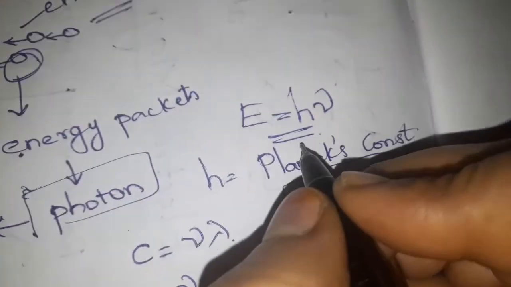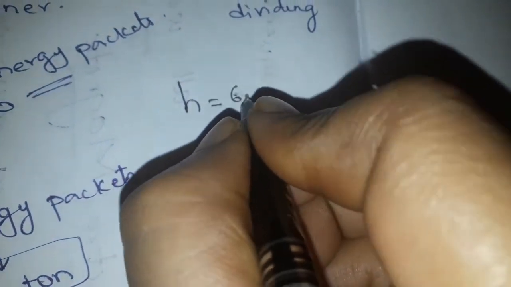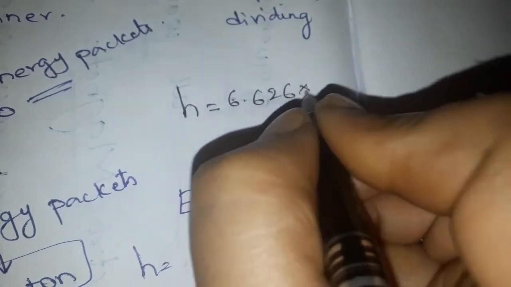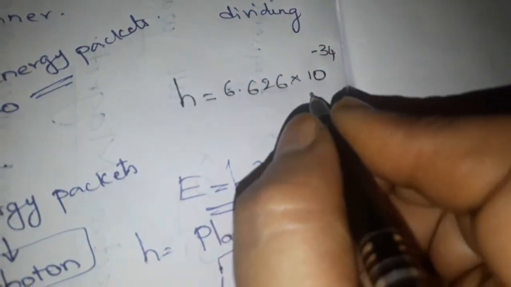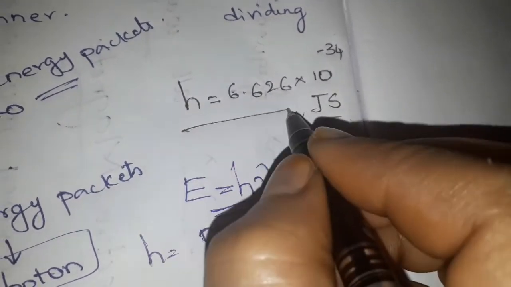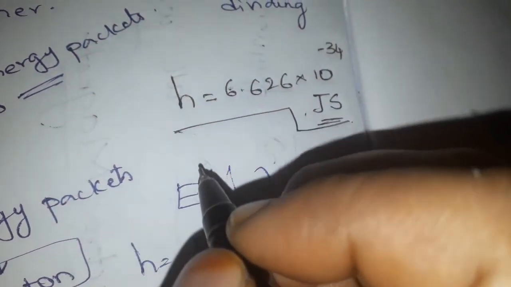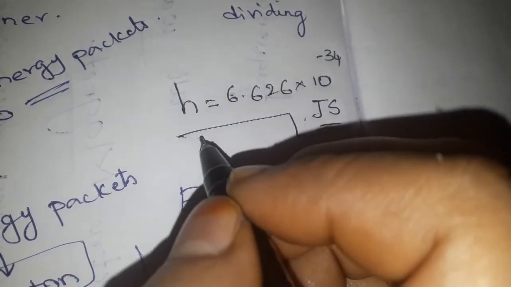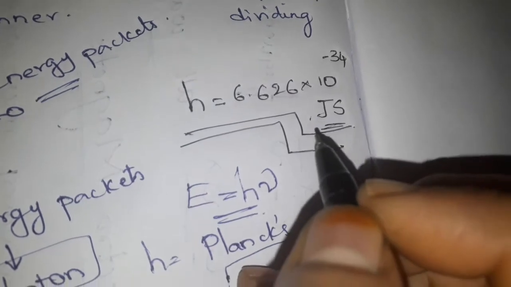The value of h is 6.626 into 10 to the power minus 34 joule second.